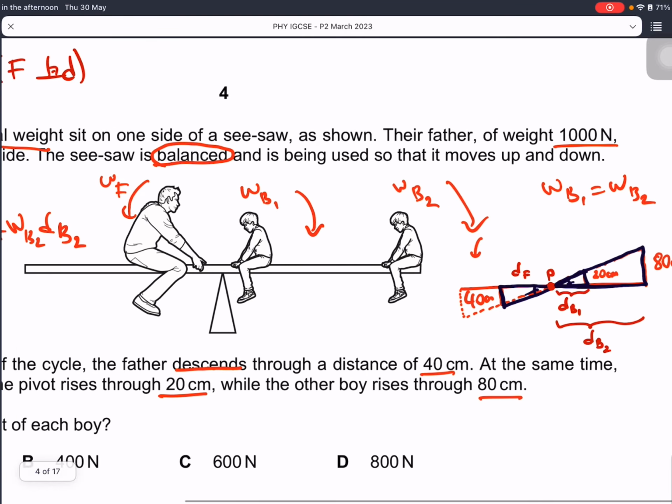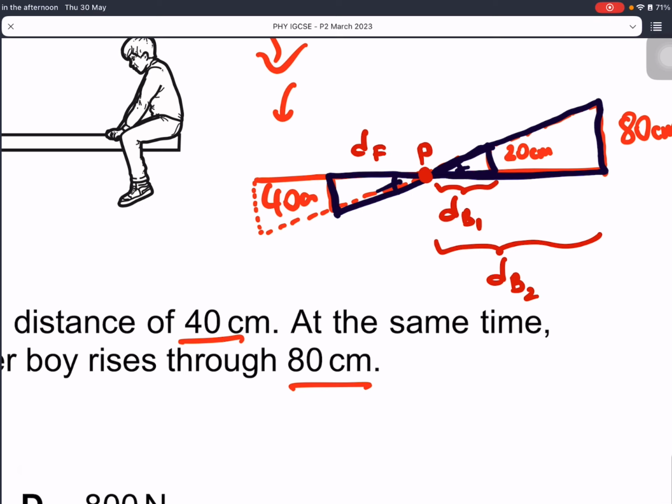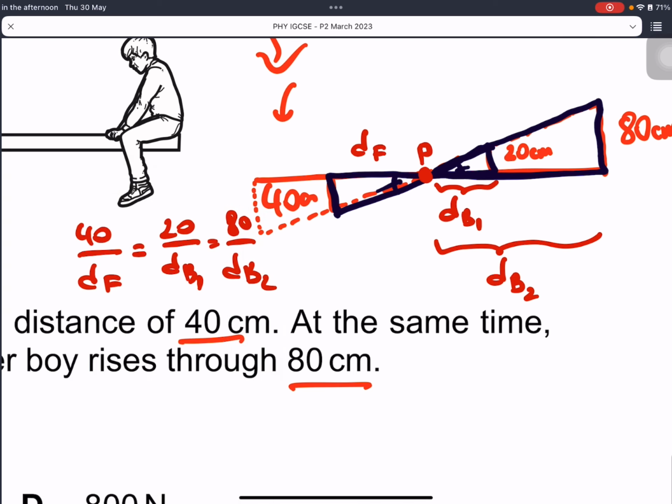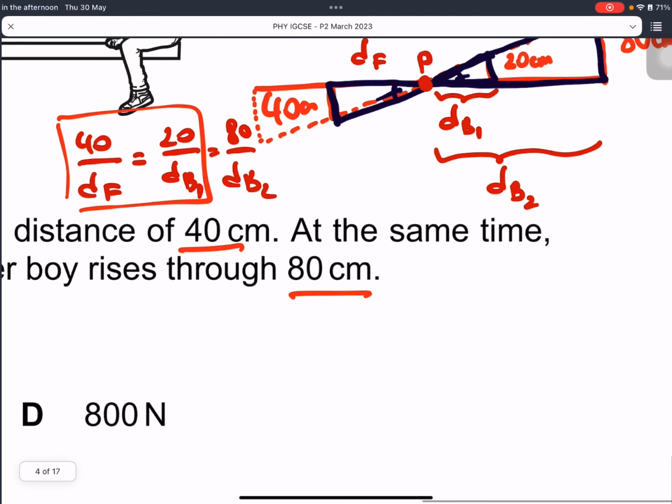From the triangles, we can say, by the similarity rule, 40 divided by d of father equals 20 divided by d of boy 1 equals 80 divided by d of boy 2. Taking the first one: 40 over d father equals 20 over d boy 1.